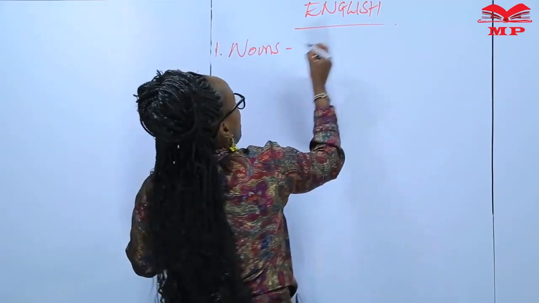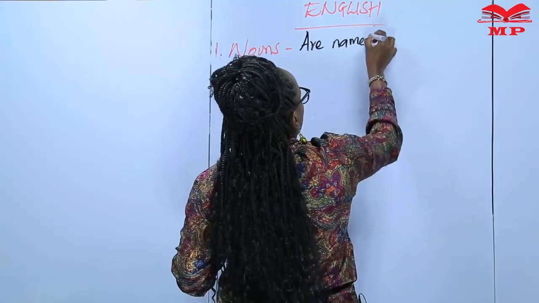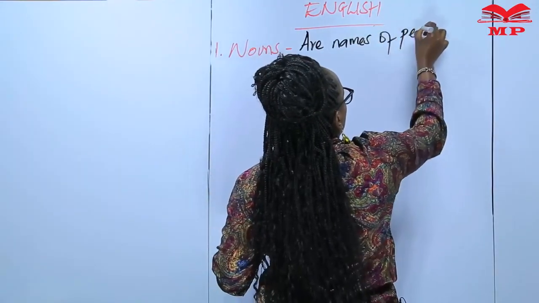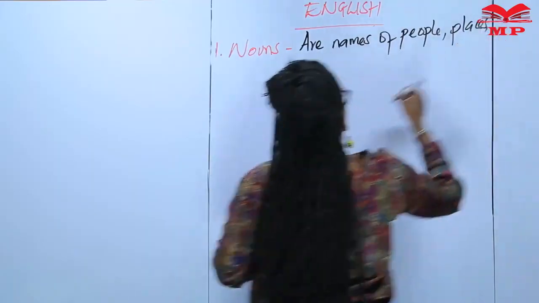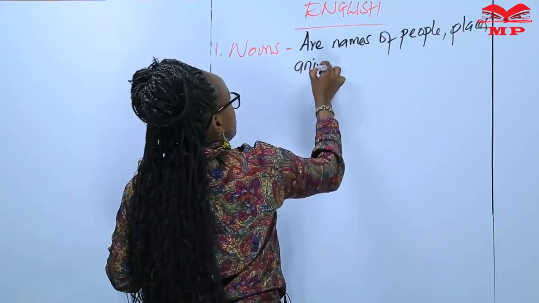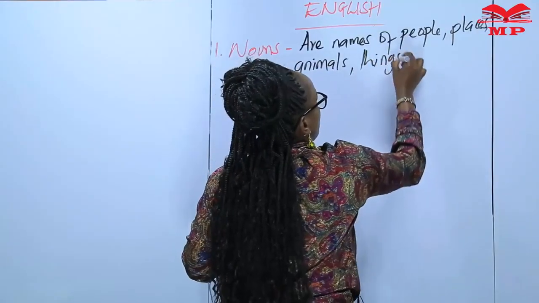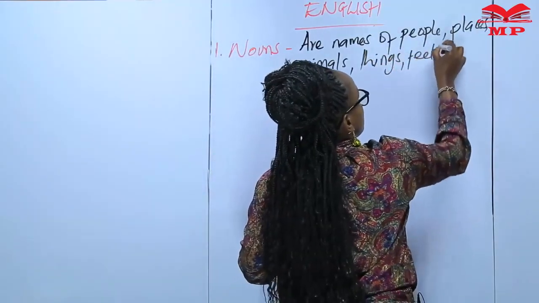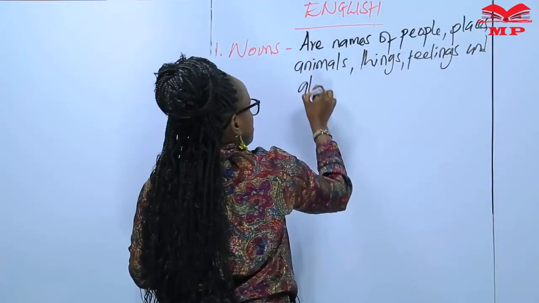First, I've already given the definition. So we've said they are names of people, places, animals, things, feelings, and also ideas.